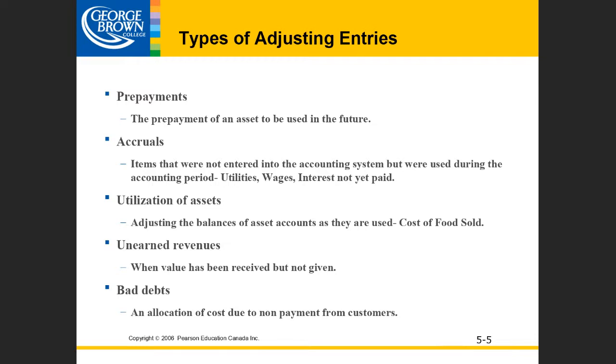There's also the utilization of assets, okay? So it's adjusting the balance of our asset accounts to show that some of those assets have been used. For example, your cost of food sold, you need to do an inventory to figure out what your cost of food sold was, and then adjust your inventory account by that amount of money to show that you don't have that inventory anymore, okay?